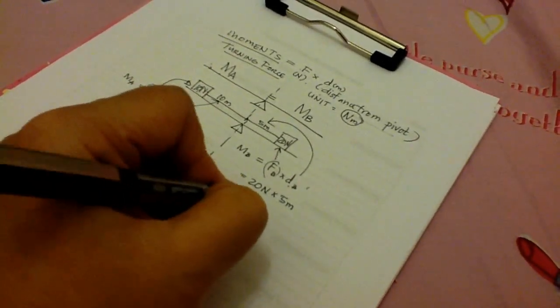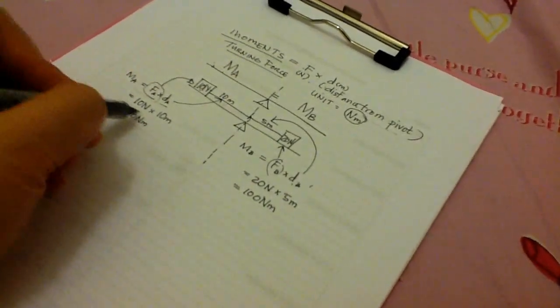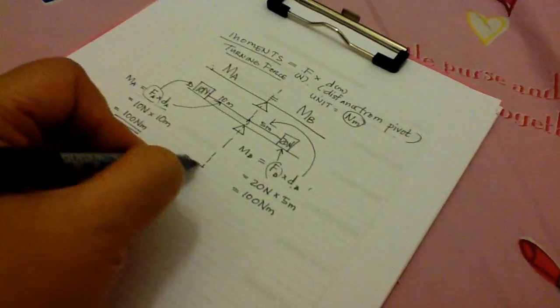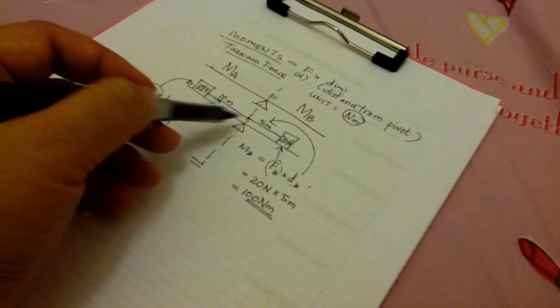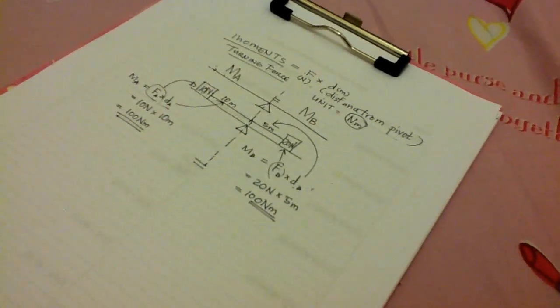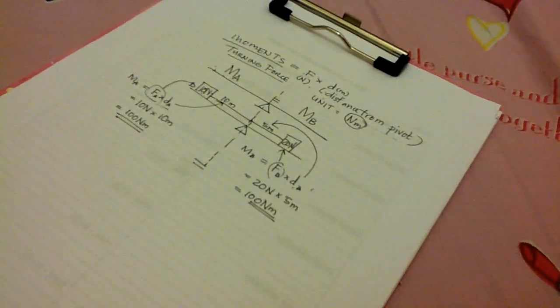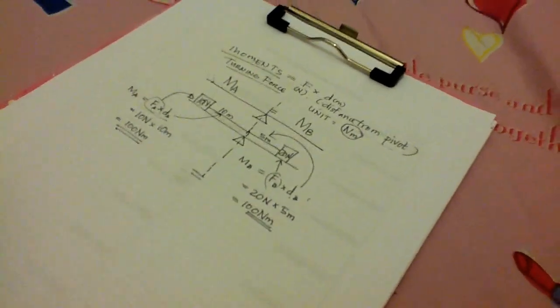You end up with 100 Newton meters. So as you can see, the moments of side A is equal to the moments of side B. That is why the seesaw is balanced, because the moments of side A is equal to the moments of side B.